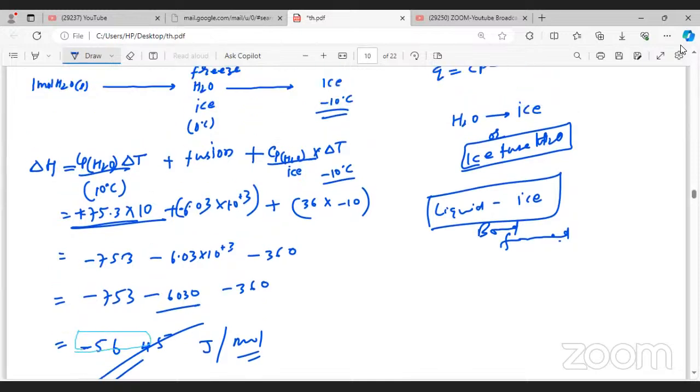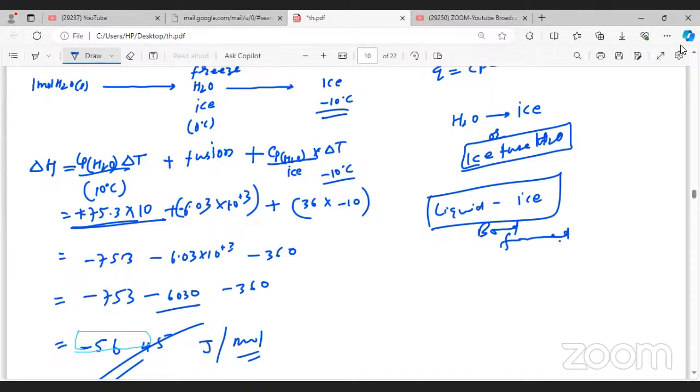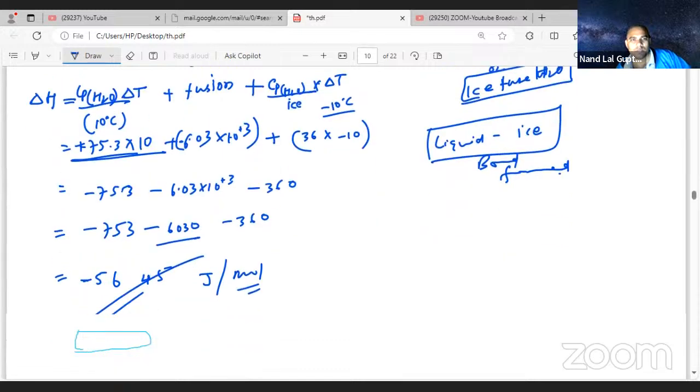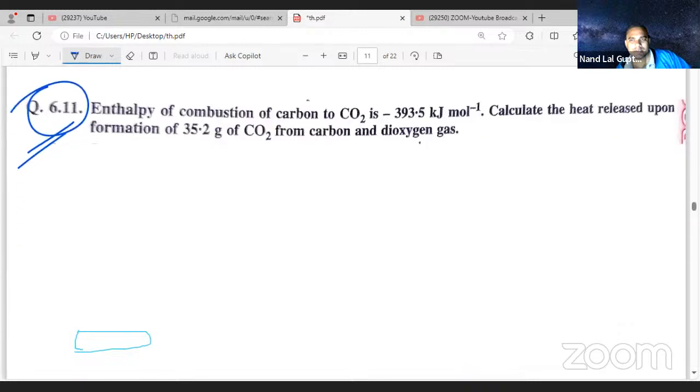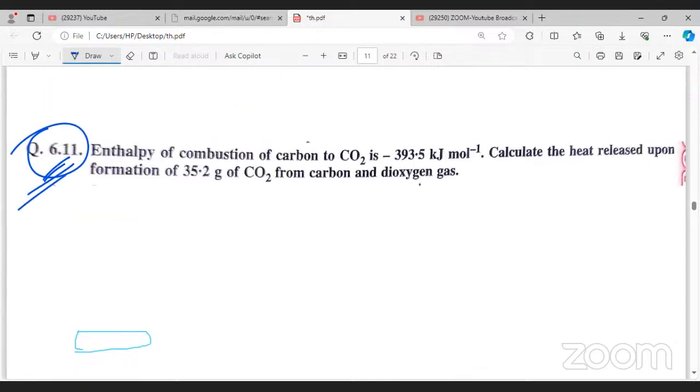One mole H2O liquid, then liquid at 10 degrees, then fridge, then ice. The process is absolutely correct. The values are creating a little problem. 6.11. Can you try this one?